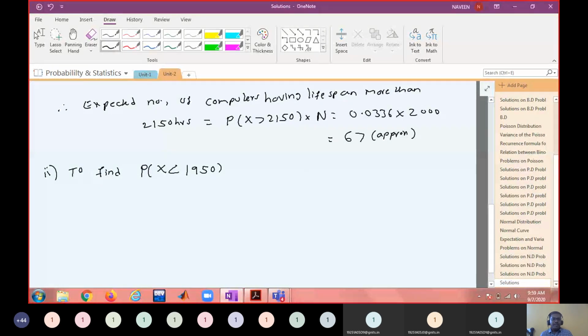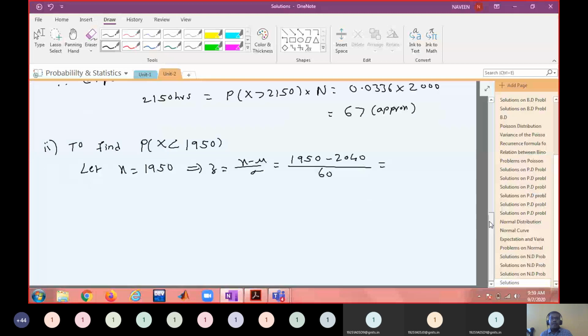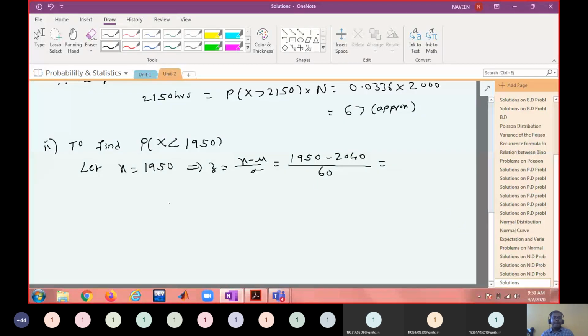It is the same as what we did previously. Let x equal to 1950, which implies z equal to x minus mu by sigma. Compute the standard score, 1950 minus 2040 divided by the standard deviation, and find the probability.